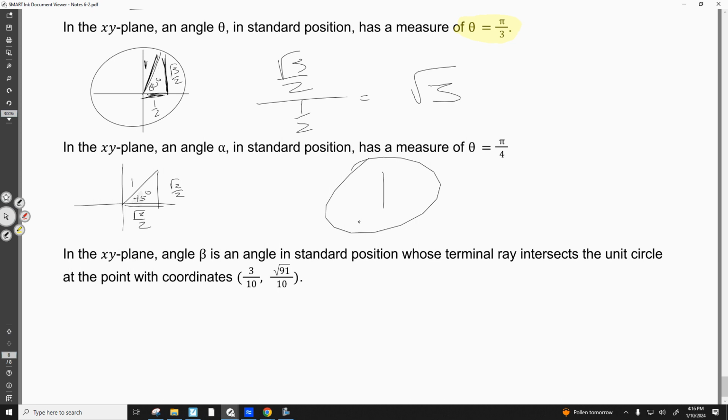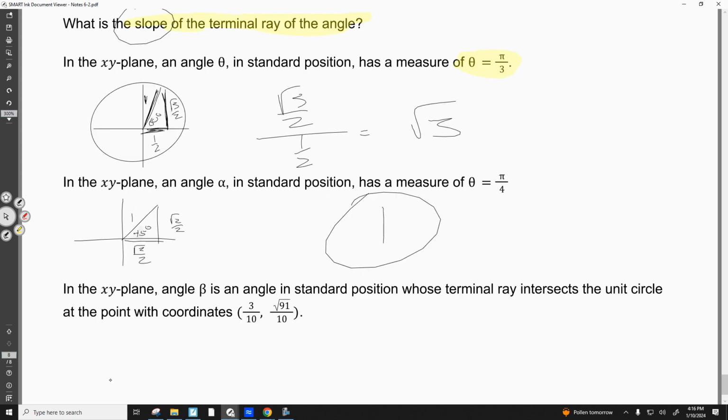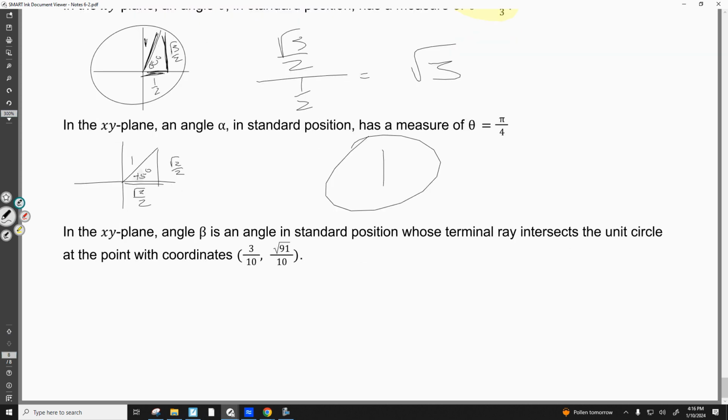Right. Okay. This last one is a little interesting because they're giving you the coordinates, but what we will be able to do pretty quickly is understand that these are coordinates that intersect with this circle, and the coordinates are 3/10 and root 91/10. Those coordinates are x length and y length.